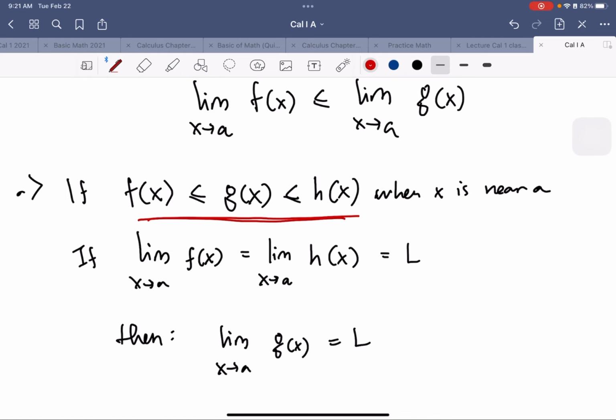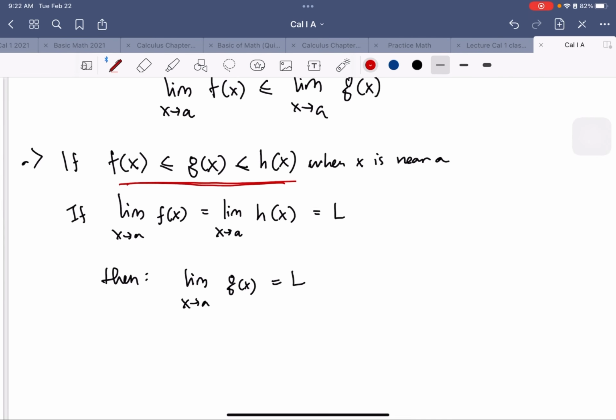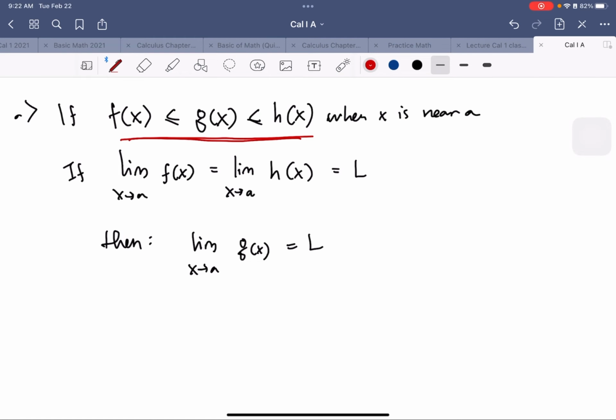If you can prove that g is in between f and h, and you can evaluate the limit of f and the limit of h as the same value, then in conclusion, you can say that the limit of the middle function will also be that value. An example of this is x squared sine 1 over x.